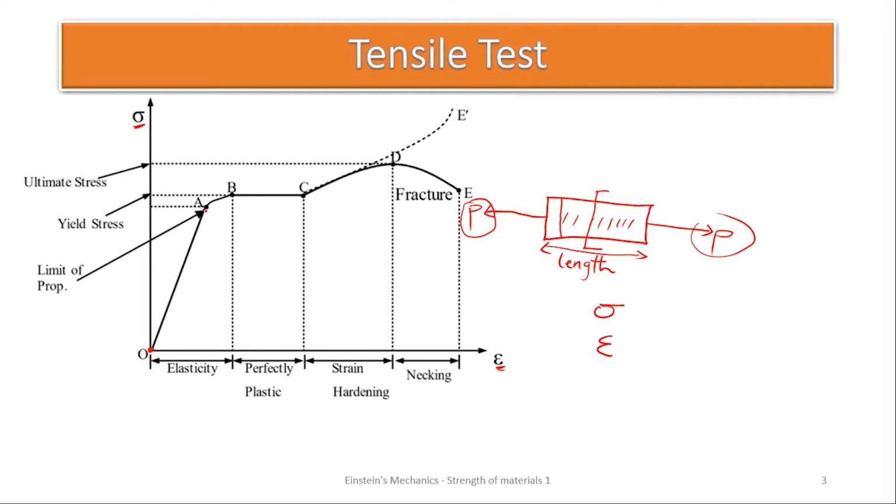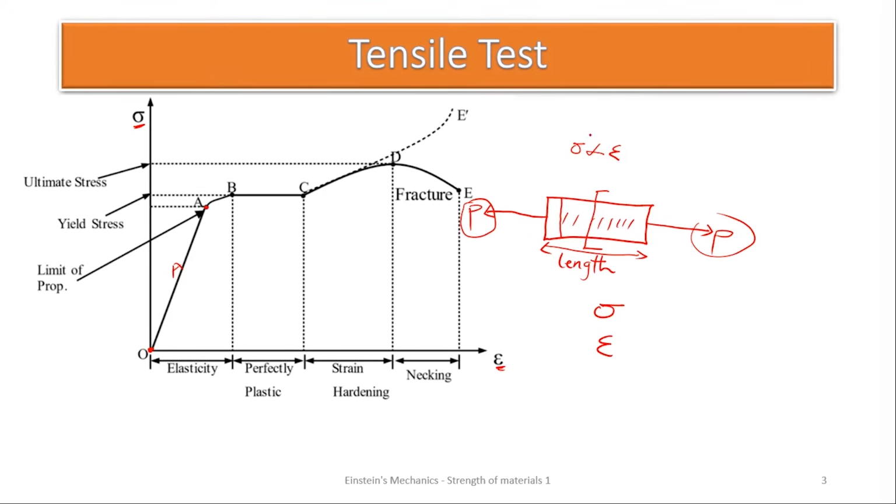At some point A, this material reached its limit of proportion. What does that mean? From O to A, as we try to stretch the material, the stress was proportional to the strain.